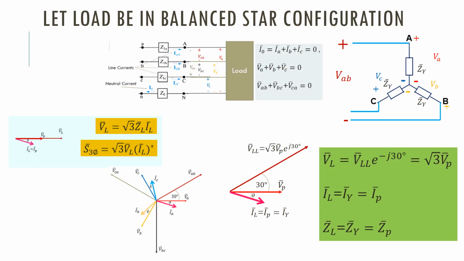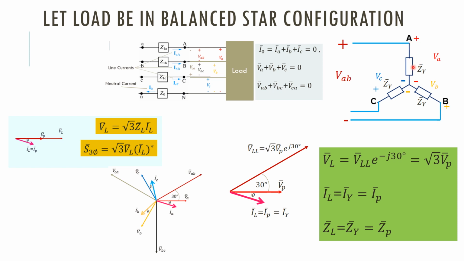So from that we will analyze. If the load is a star connected load, this is the model we have now. You don't know what is inside the load, but let's say it is a star connected load.